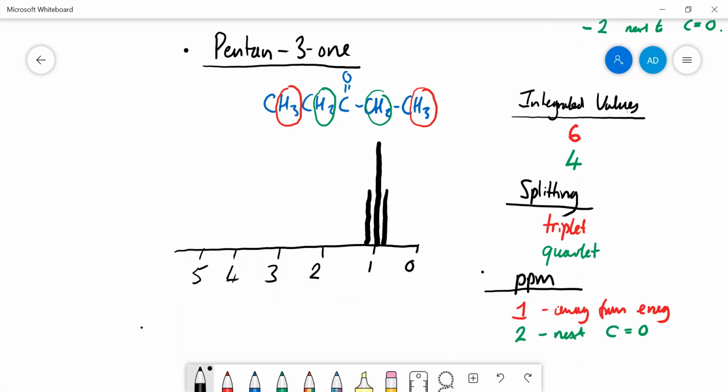That's going to be about 2. So that's what our spectrum for pentan-3-one is going to be. A triplet and a quartet. Integrated value of 6, integrated value of 4. Okay, more examples to come.